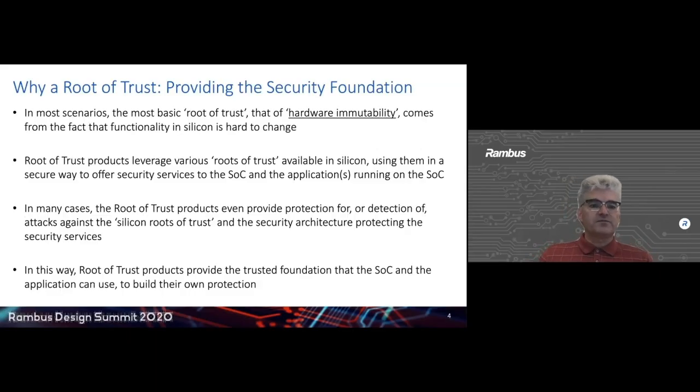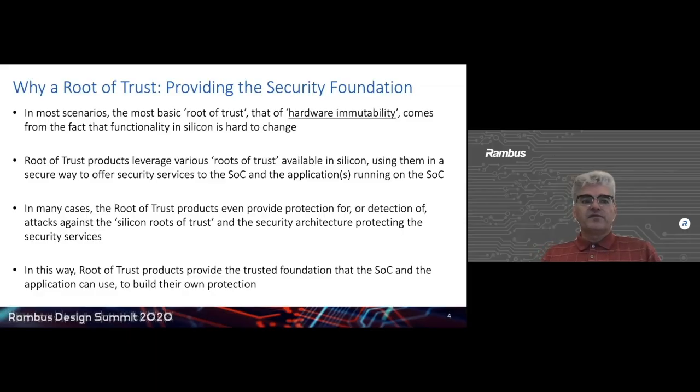Root of trust products leverage various roots of trust available in silicon, and they use them in a secure way to offer security services to that SoC and to the applications running on the SoC, where we expect that the rest of the SoC, outside the realm of the root of trust, should not worry about the security and protection of its assets, because it can rely on a root of trust enclave inside the silicon.